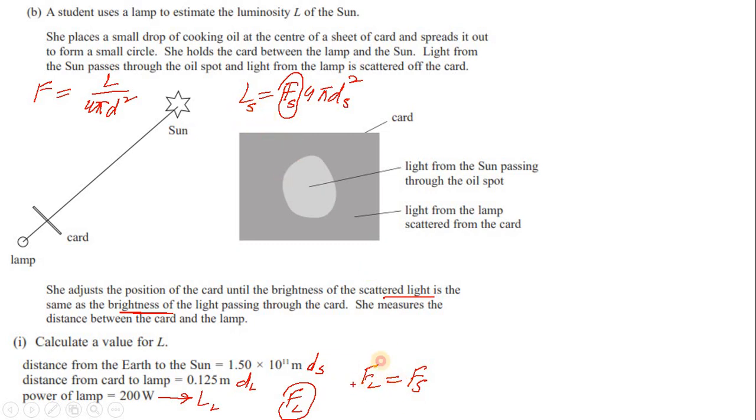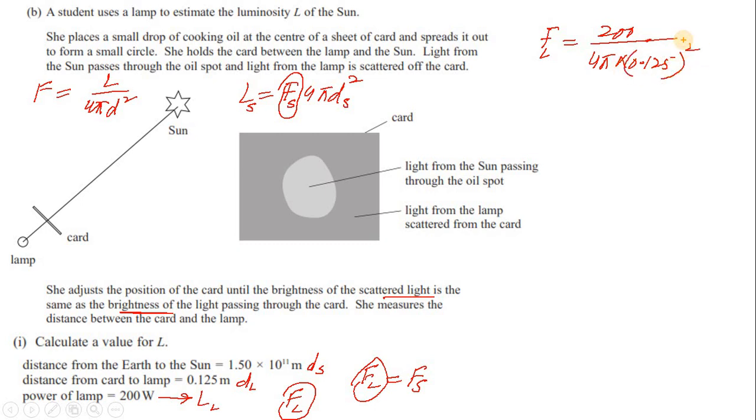So let's figure out FL. FL would be equal to 200 divided by 4 pi d square, and d square is 0.125 whole square.